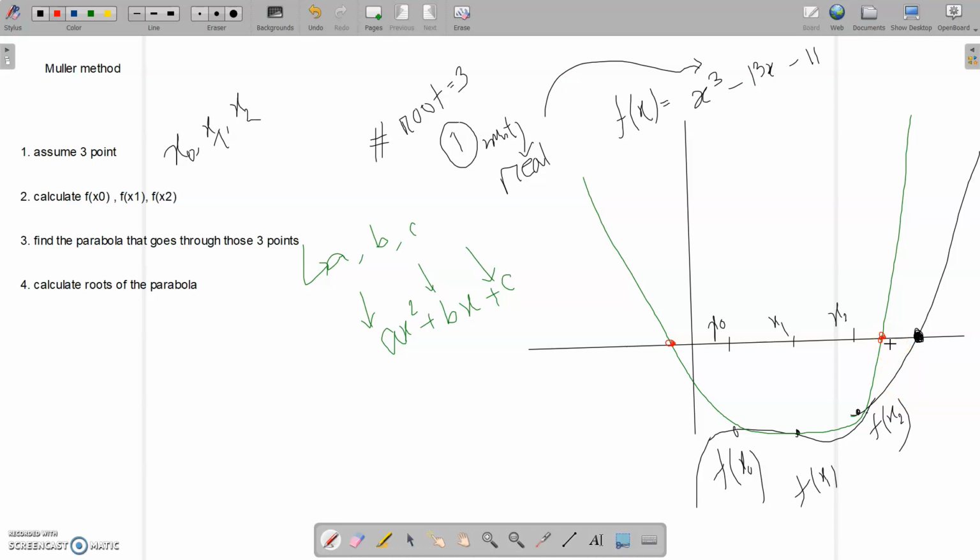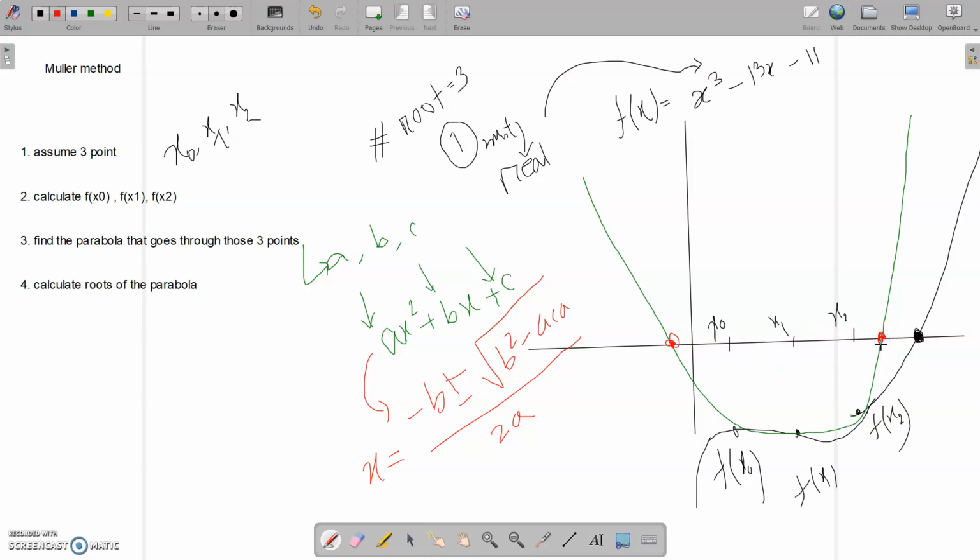Now you can do it in one way, the way shown in the book, or described in Muller's paper. Muller is a scientist who wrote this paper on the Muller method. It is shown that x equals minus b plus or minus root over b squared minus 4ac, divided by 2a. This is the root of the equation, giving this point and this point.